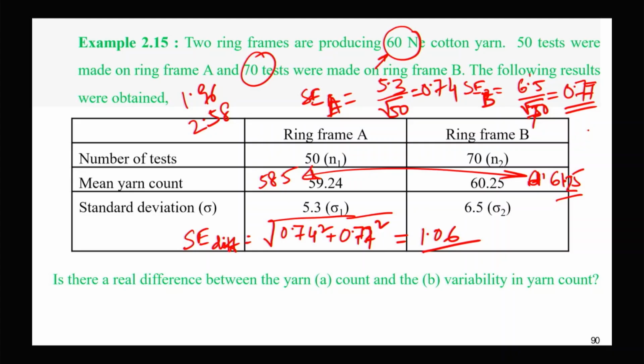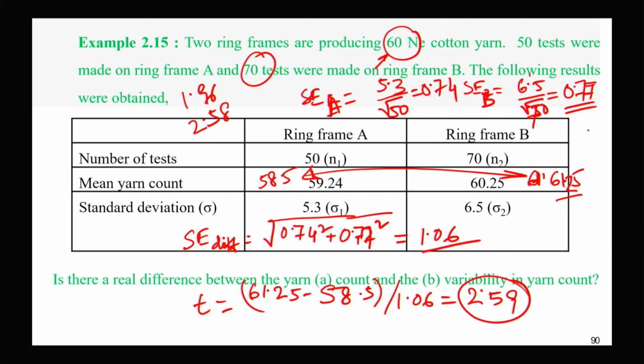Now the t value will be 61.25 minus 58.5 divided by 1.06, which is 2.59. So we can see that 2.59 is more than 2.58. So this value is significant.